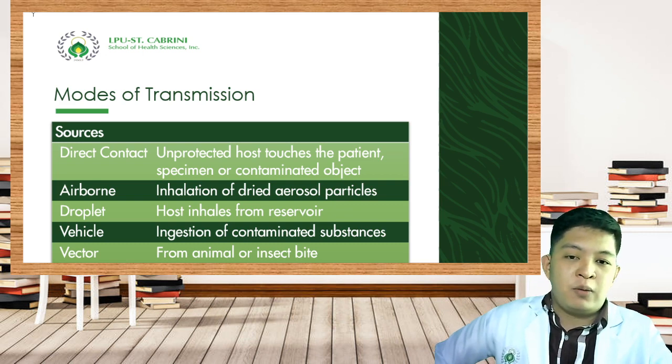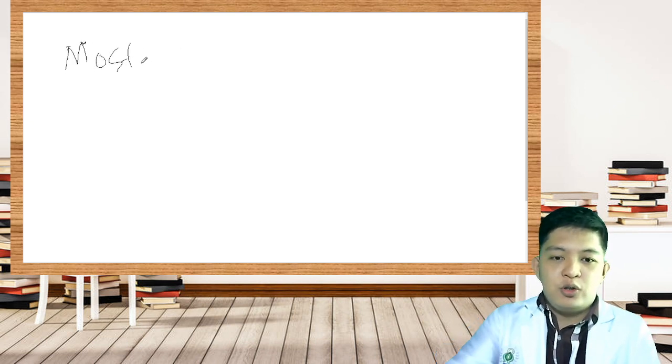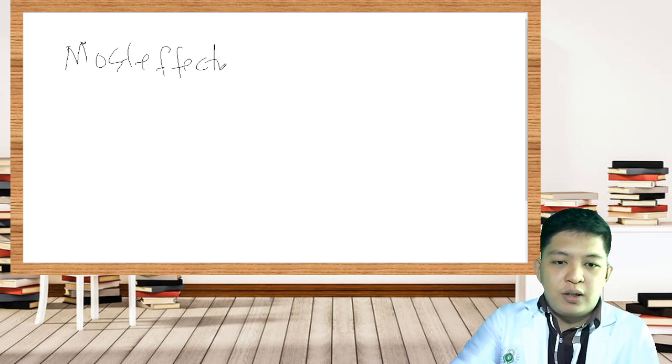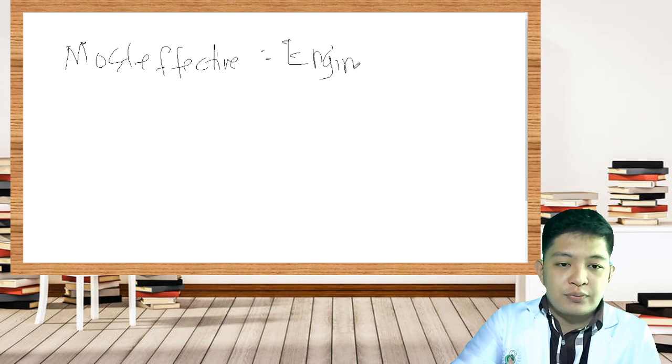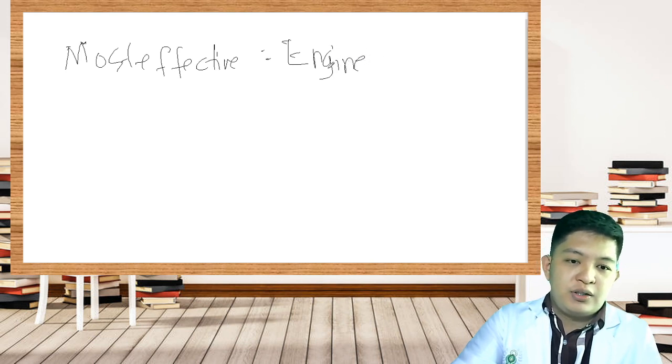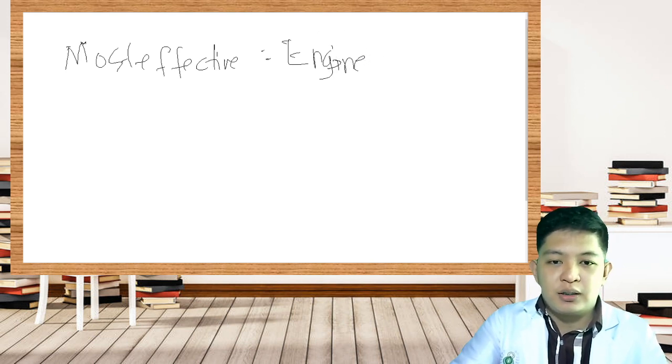But I want you to remember, guys, tandaan nyo that in the level of safety na pinag-uusapan natin, yung pinaka effective, yung most effective na way is the engineering controls. Ano ba spelling ng engineering?